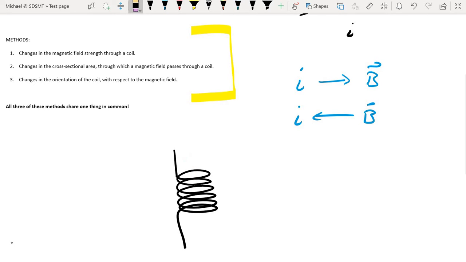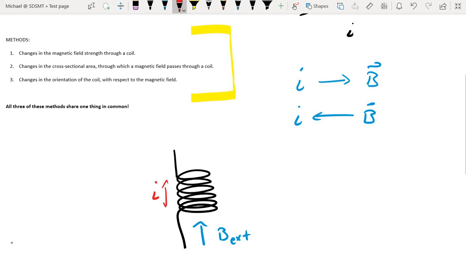So in order for that to happen, we need to provide some kind of external magnetic field, pass that magnetic field through the coil, and then that will cause charge to start moving through the conducting material of that coil. In other words, we will see electric current induced within this coil.